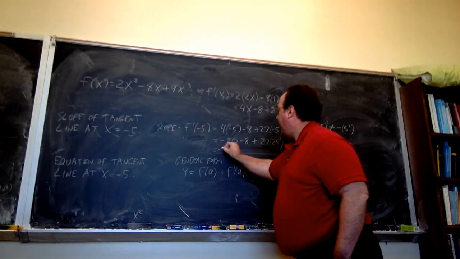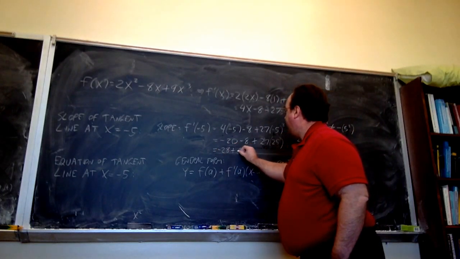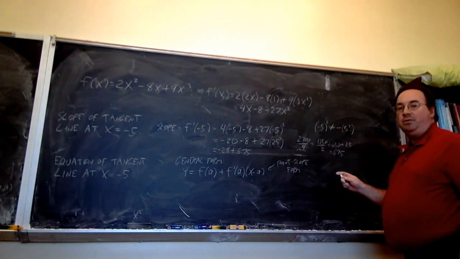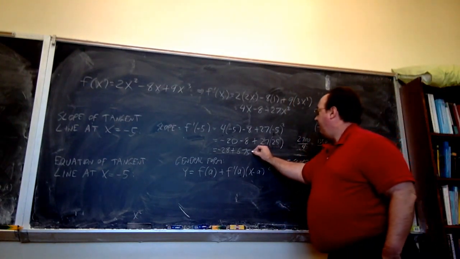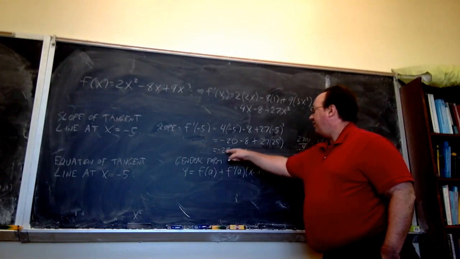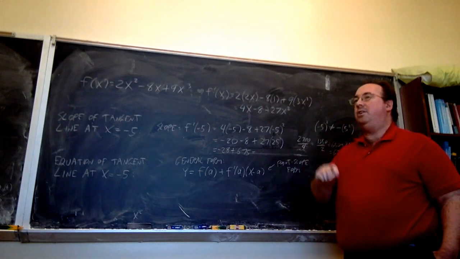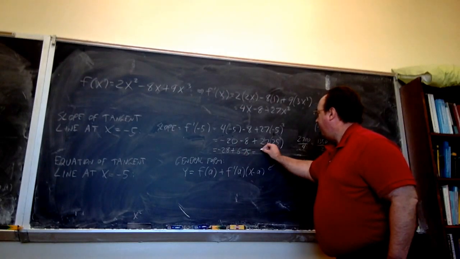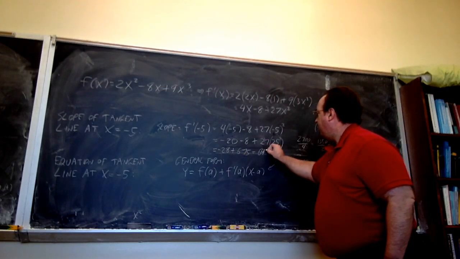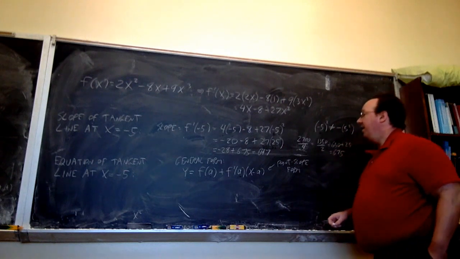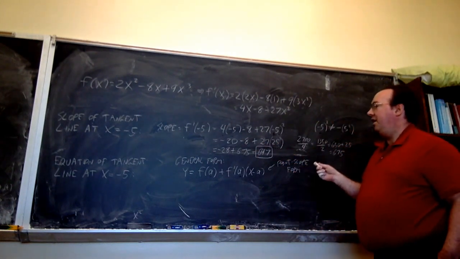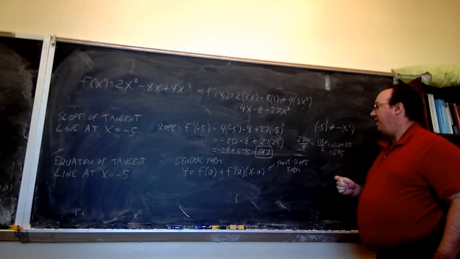So I have minus 28 plus 675. Here I'm subtracting 28, but that's the same as subtracting 30 and then adding 2 back. So I have 645 plus 2 is 647. So that is my slope of a tangent line at x equal to minus 5.